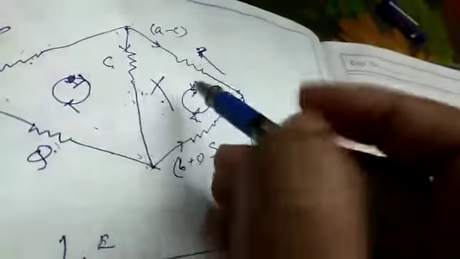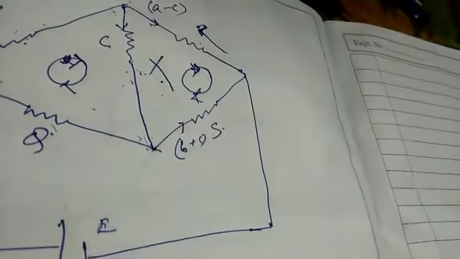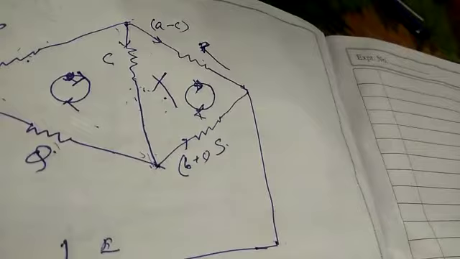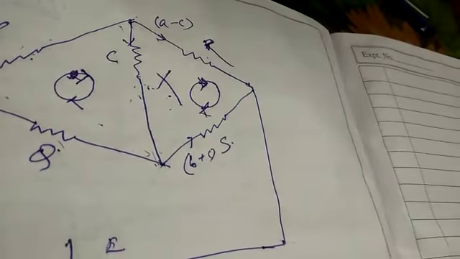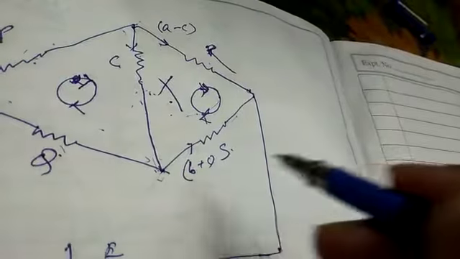Now let us solve the second loop. Again you see that here the loop and current are in the same direction, so R into A minus C should be positive. And here current is in this direction, and loop is in this direction, so it is going to be negative.